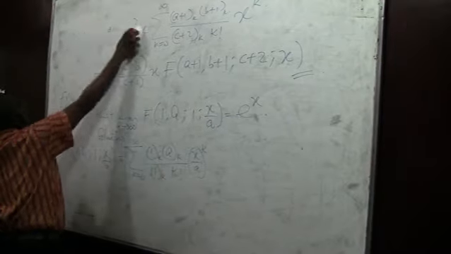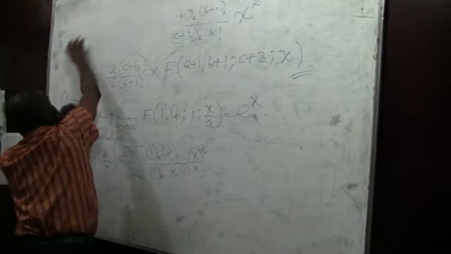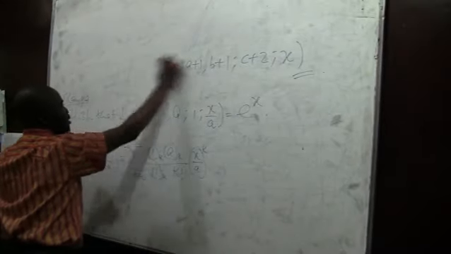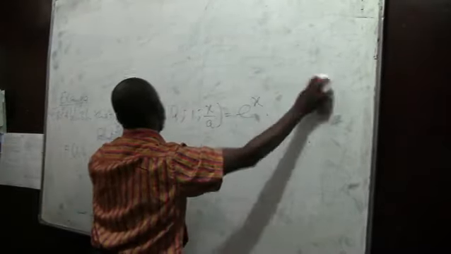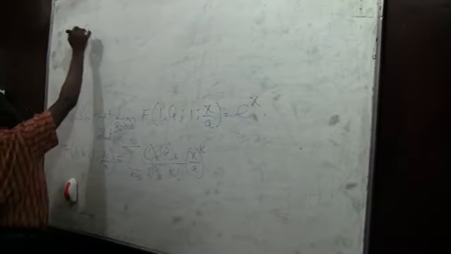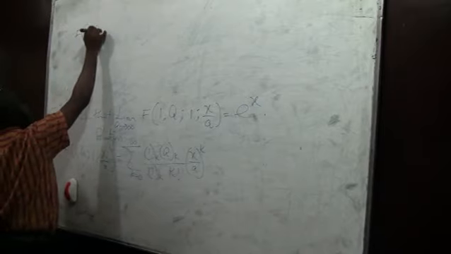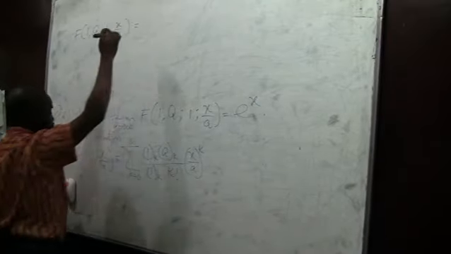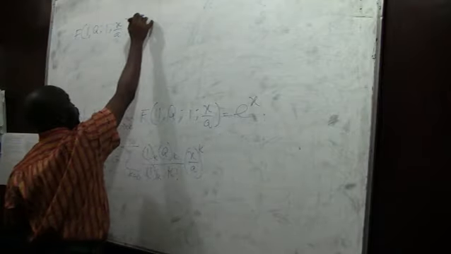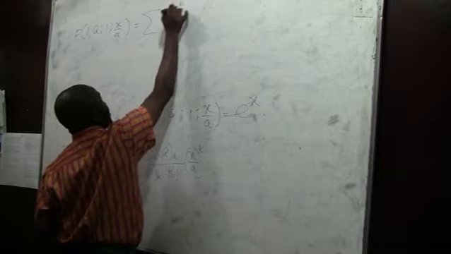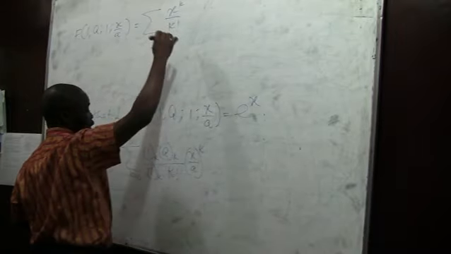So let's look at what will happen to the remaining terms that we have. So F(1, a; 1; x divided by a) becomes summation x raised to power k, k factorial.